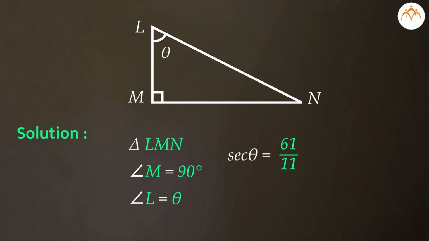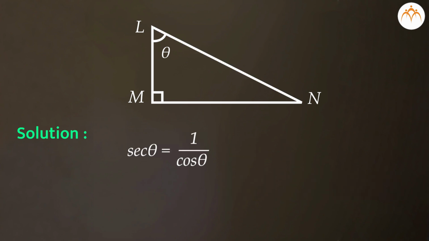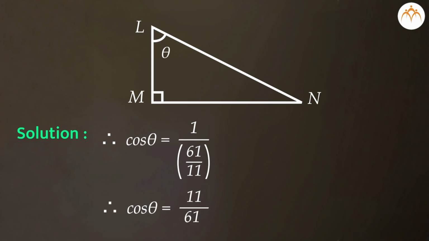If sec theta is equal to 61 upon 11, side LN is the hypotenuse. Sec theta is equal to 1 upon cos theta. Therefore, cos theta is equal to 1 upon sec theta. Therefore, cos theta is equal to 1 upon 61 upon 11 equal to 11 upon 61.